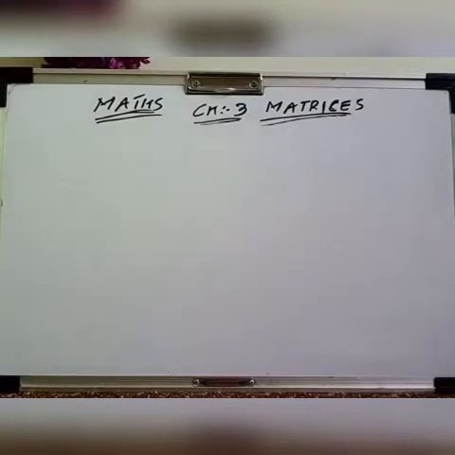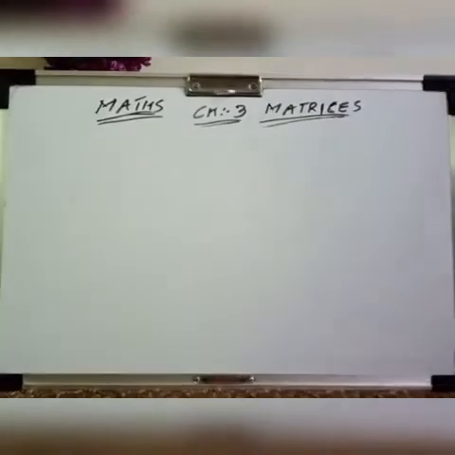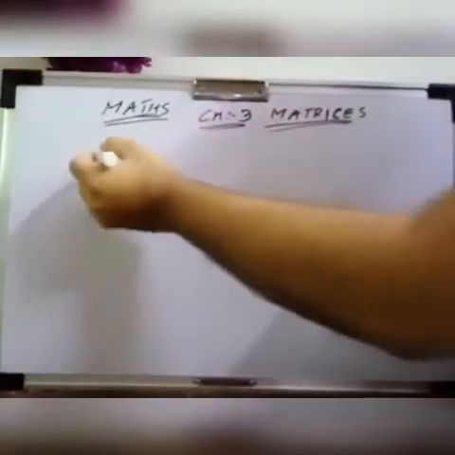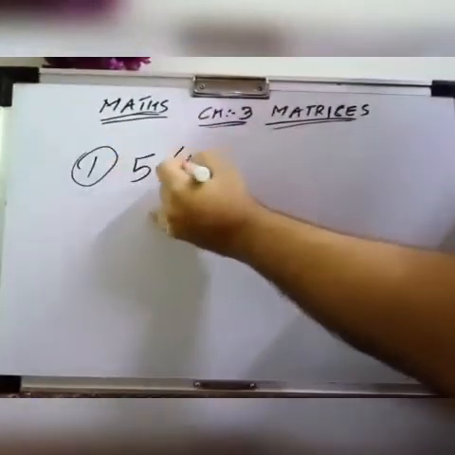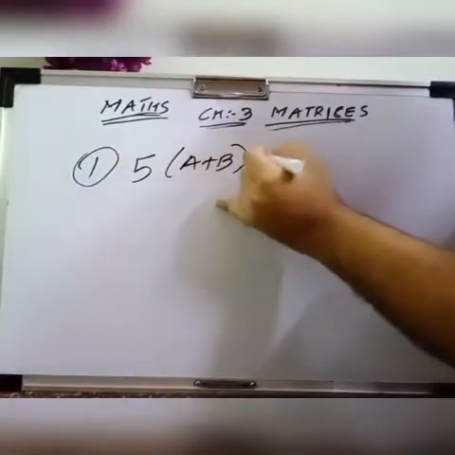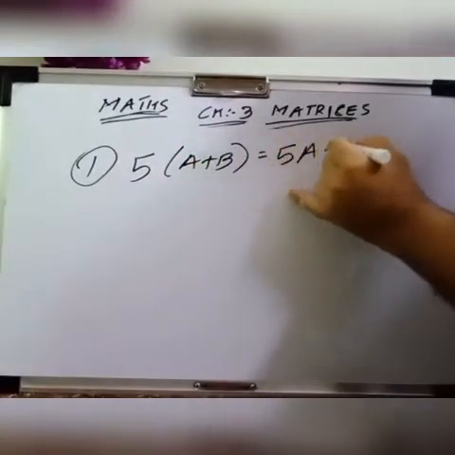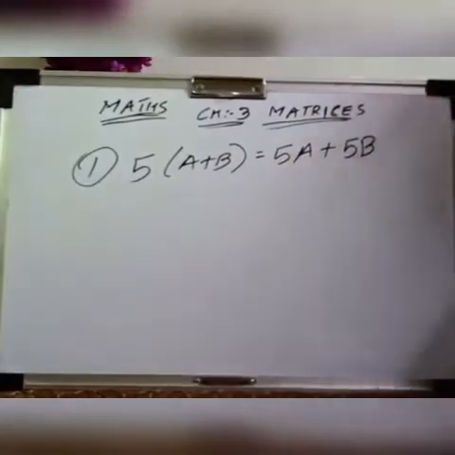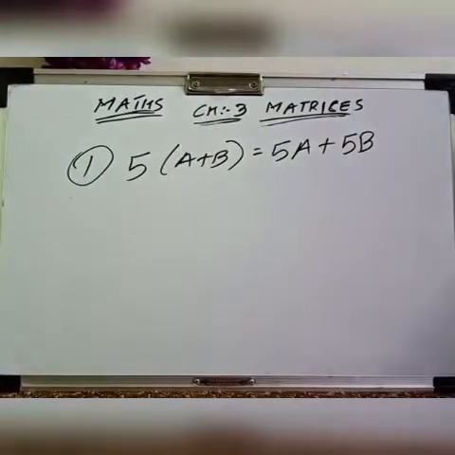Let's try to understand the properties associated with the multiplication of a matrix by a scalar. First property: 5 multiplied by (a plus b), I can use the distributive property to write it as 5 into a plus 5 into b, right?